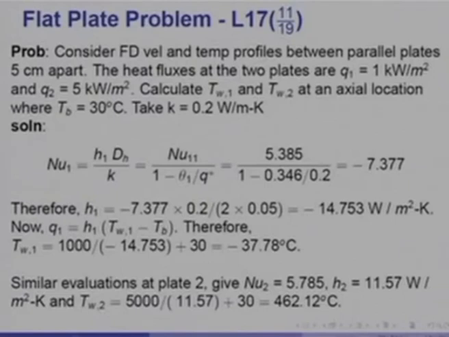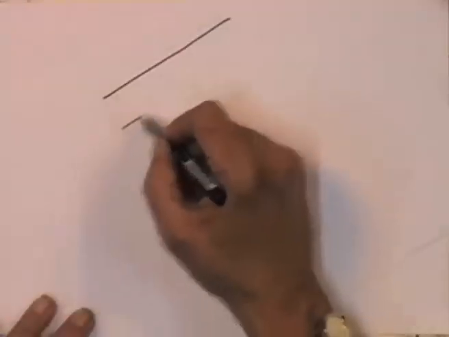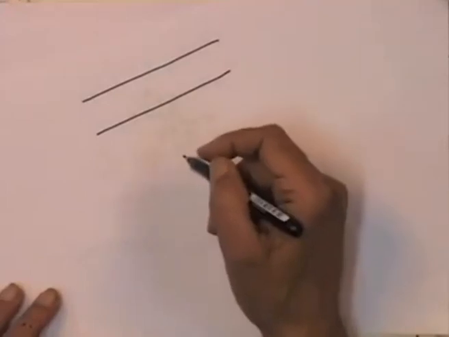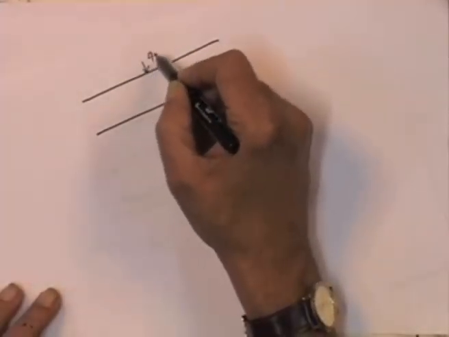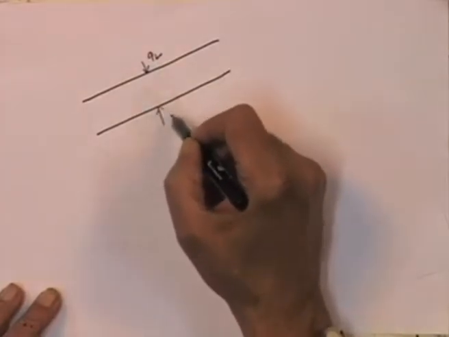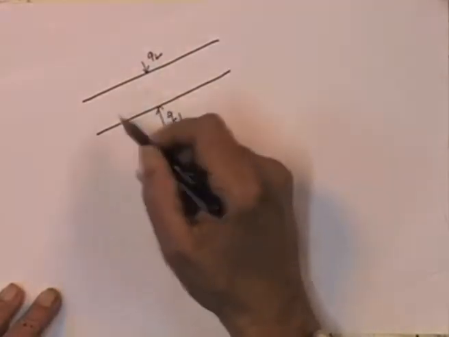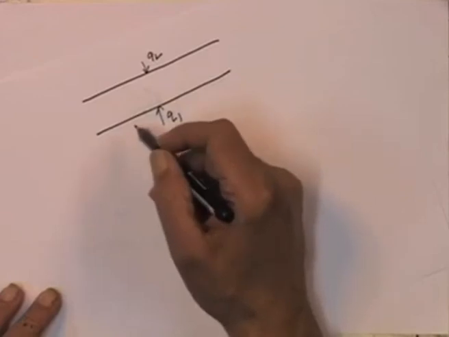I will deliberately consider now a problem in which I am considering flow between parallel plates, that is the last entry in that table. Let us say this is Q2 and this is Q1. The velocity is fully developed.